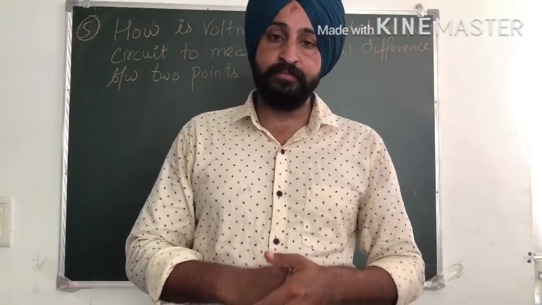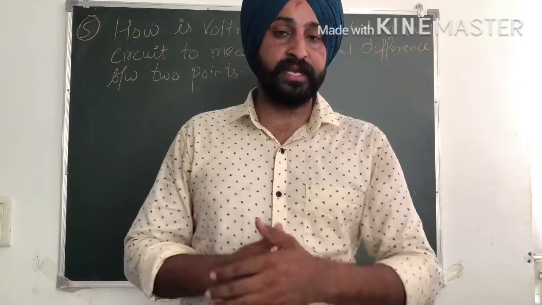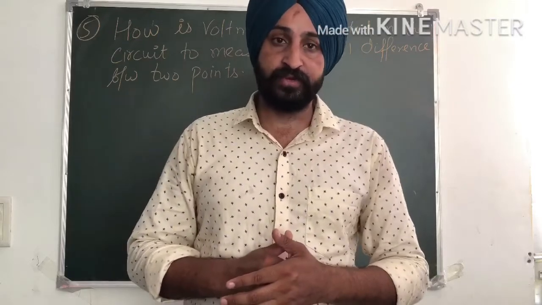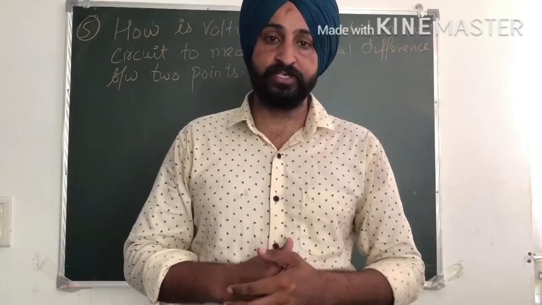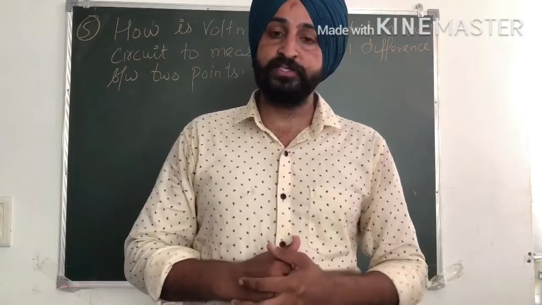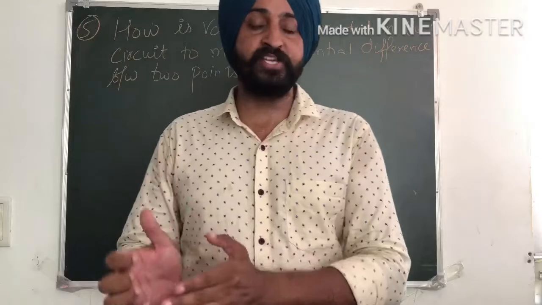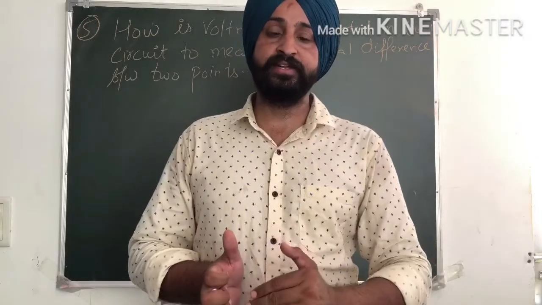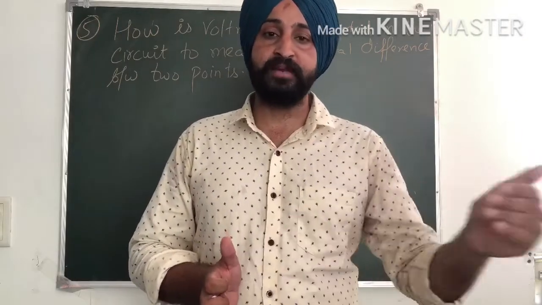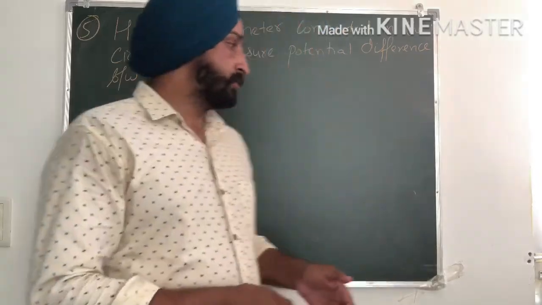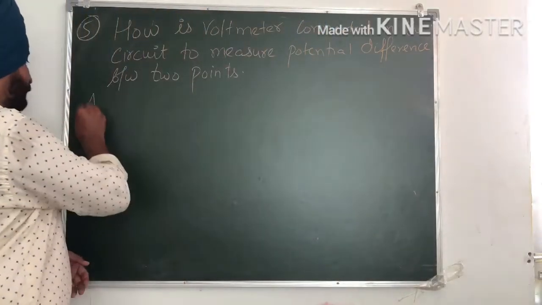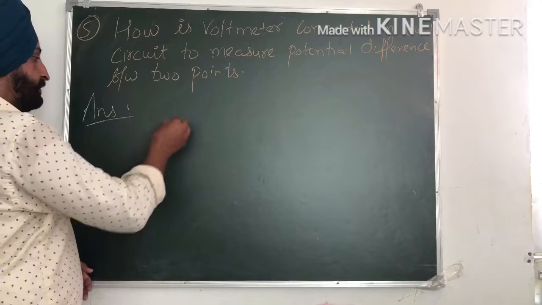And at the same time, the current flowing through the circuit will also get changed. It will decrease because the resistance of that voltmeter is quite large. So instead of connecting it in series, we connect that high resistance voltmeter in parallel to the circuit. Right? So our answer would be, it is connected in parallel.